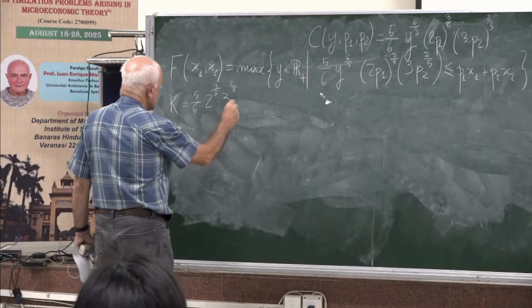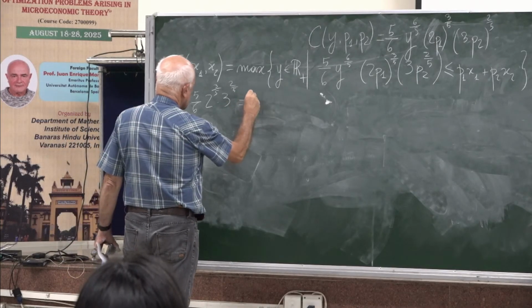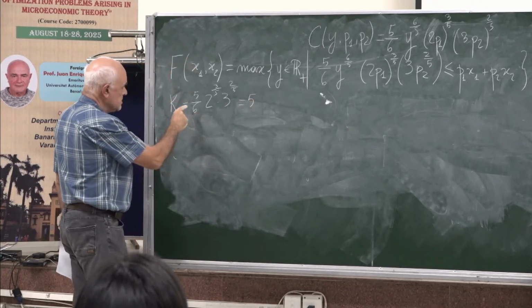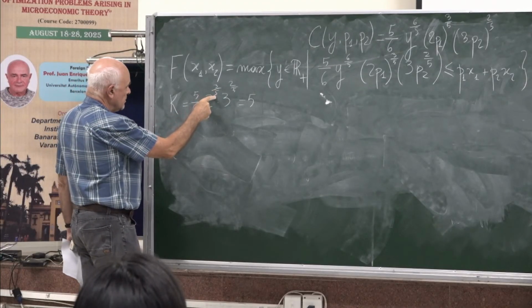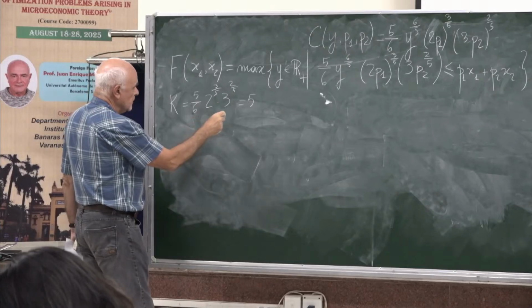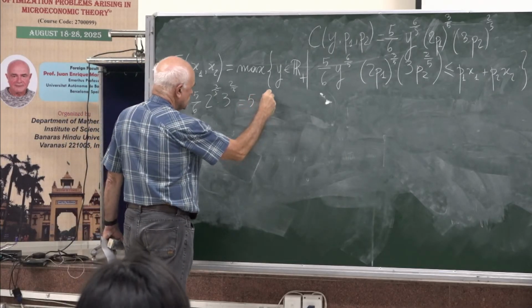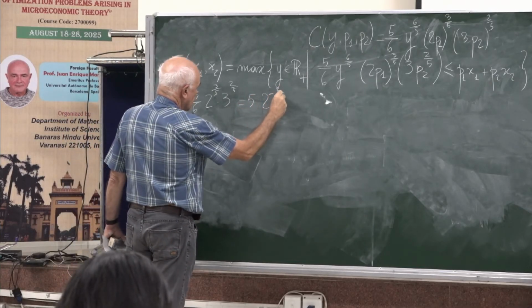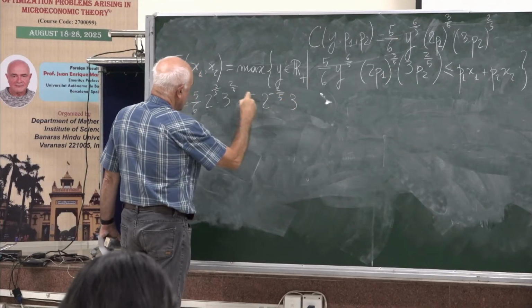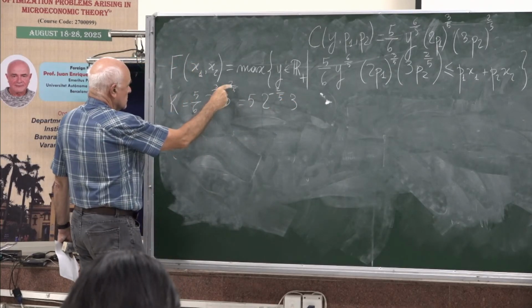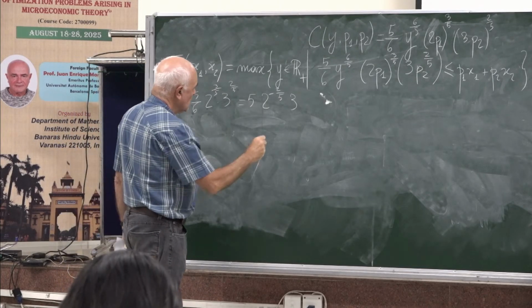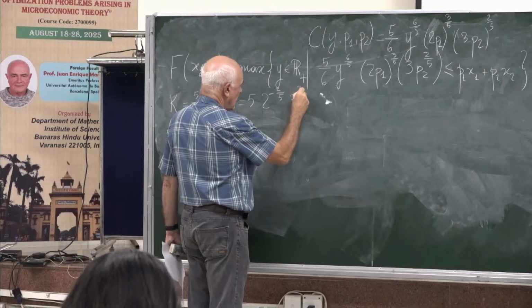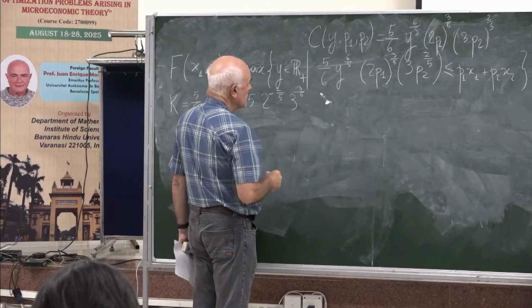So which can be written, because C is 2 times 3, so 2 to the power 3 over 5 divided by 2 is 2 to the power minus 2 over 5, and 3 to the power 2 over 5 divided by 3 will be 3 to the power minus 3 over 5. So this is the value of k.